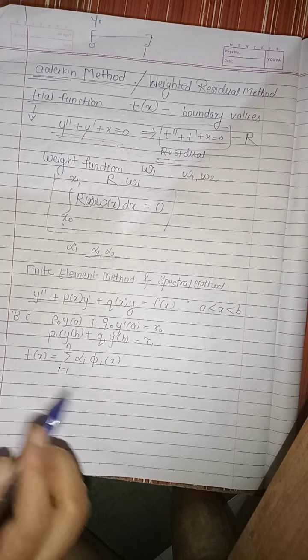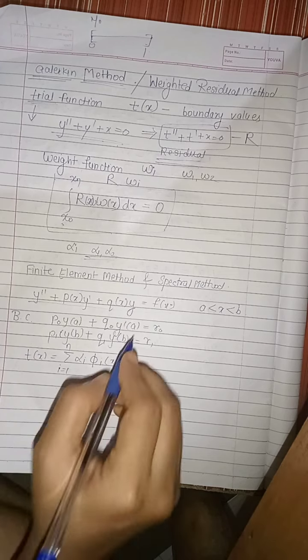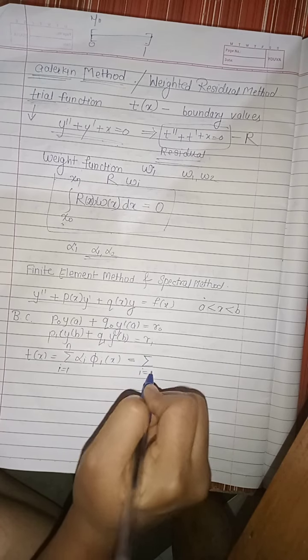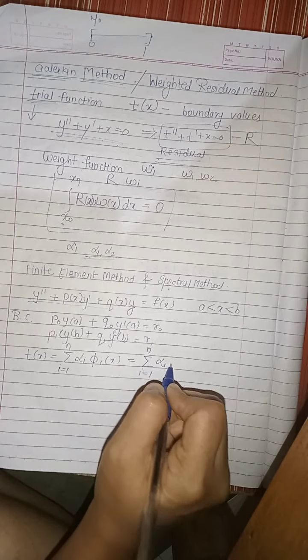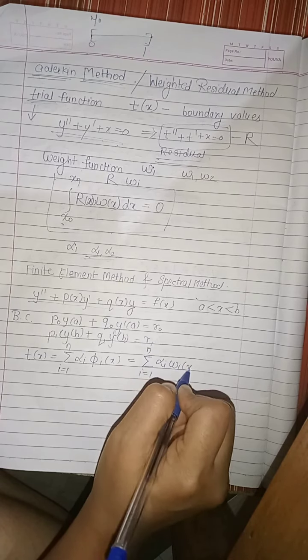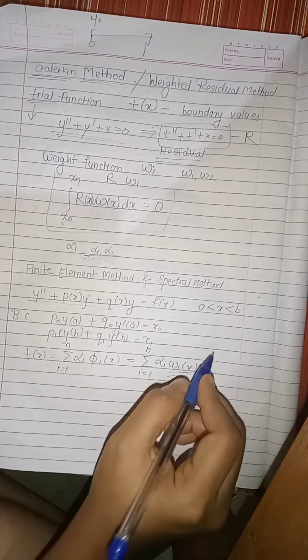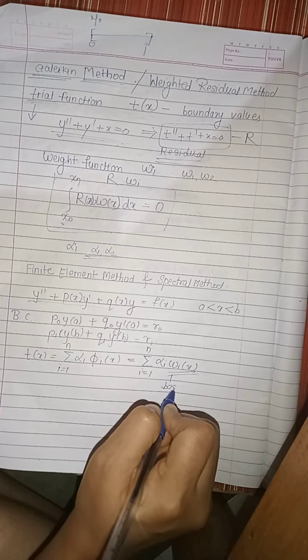So i goes from 1 to n, the summation is over i going from 1 to n. Now this is another representation, that is summation i equals 1 to n of alpha i into wi of x. Now this wi of x is known as base function. So this is the base function.